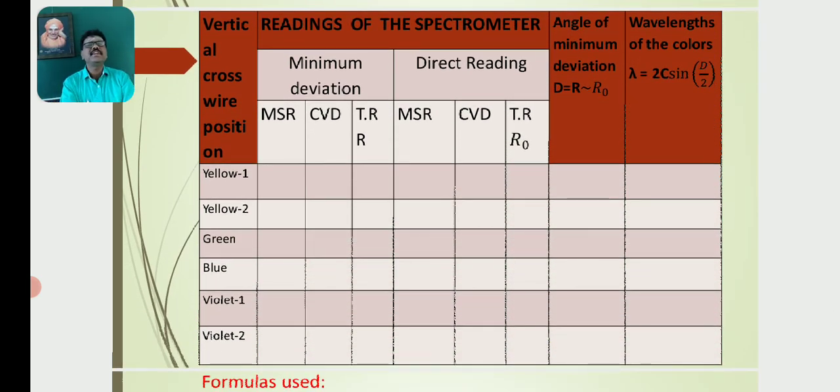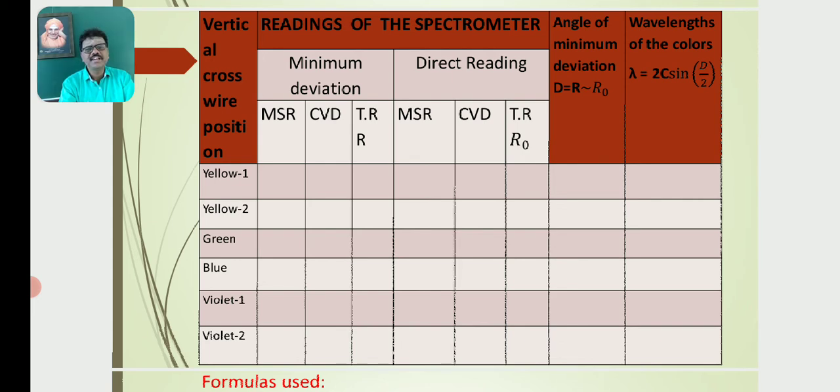Now we see the tabular column. First the vertical crosswire position for yellow 1, yellow 2, green, blue, violet 1, violet 2, and then red, the different colors. Readings of the spectrometer: minimum deviation and direct reading.